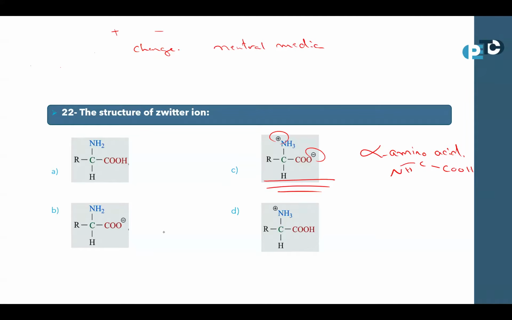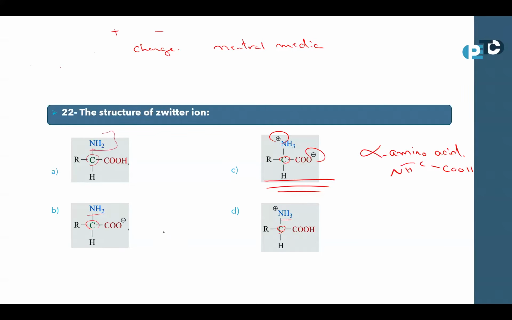It is the first carbon adjacent to the carboxylic group. So here this is the alpha carbon, and here the amino group, so we call it an alpha amino acid. This alpha carbon is mostly a chiral center because it is surrounded by 4 different functional groups, so we have stereoisomers for the amino acids.